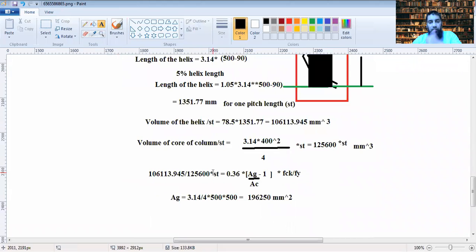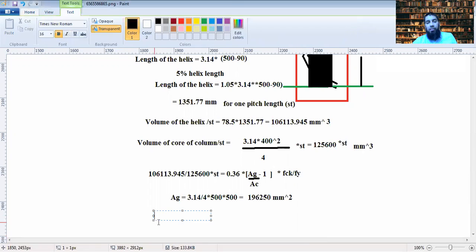Then what is Ac? It's the area of the core of the helically reinforced column measured to the outside diameter of the helix. Here he is saying that area of core is measured to the outside diameter of the helix, so you just have to subtract 40 minus 40.